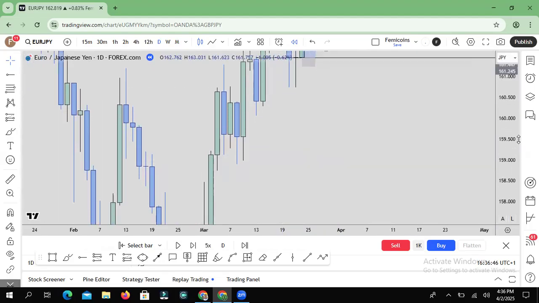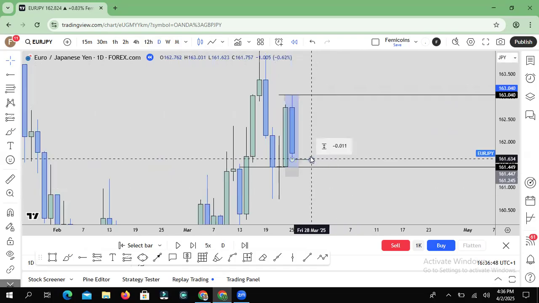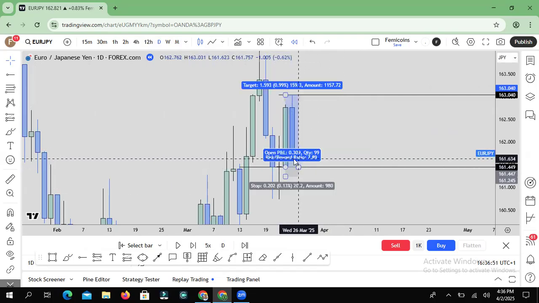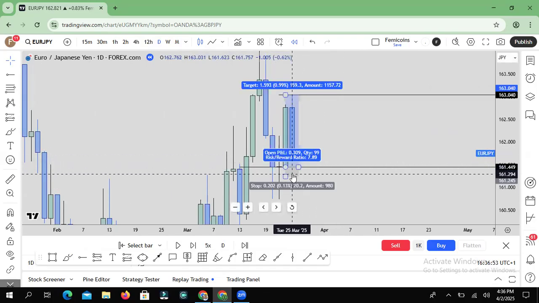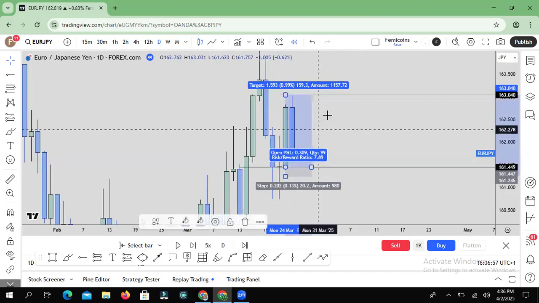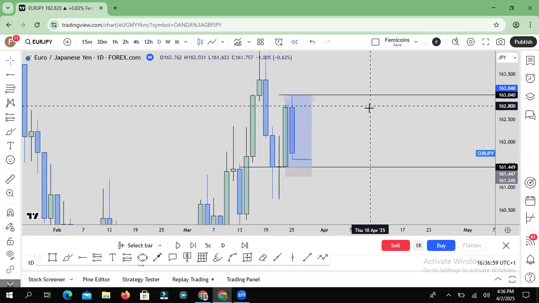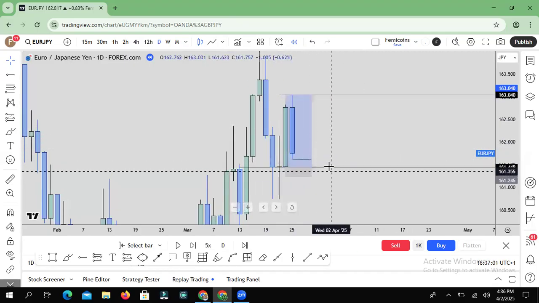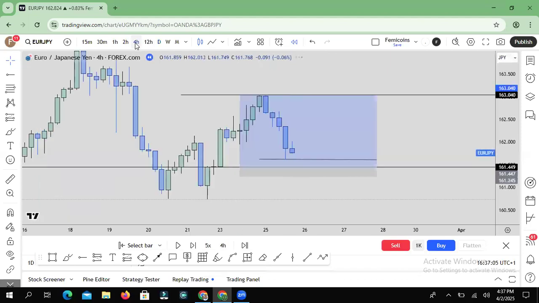Once I expect the market to sweep this low, tap into the entry and get me in, I will just exit with this same high. How many RR is this? 7 RR. Then I'll just set my limits, then I play.